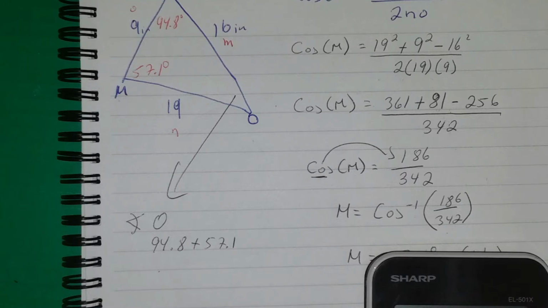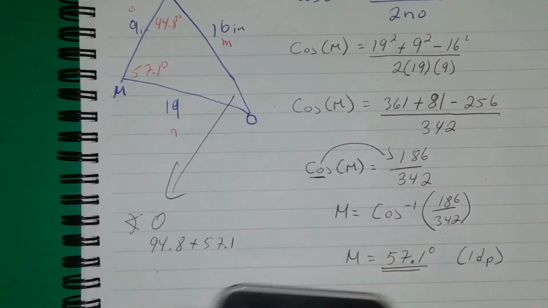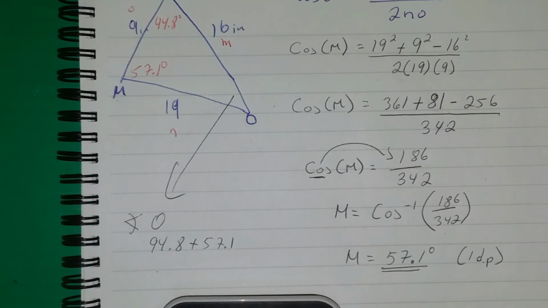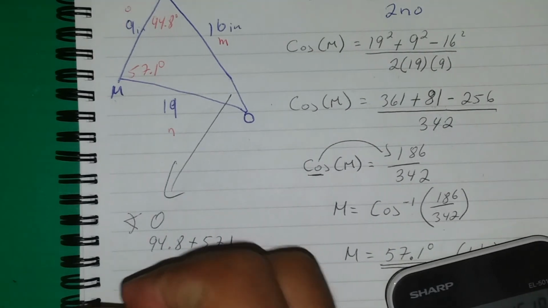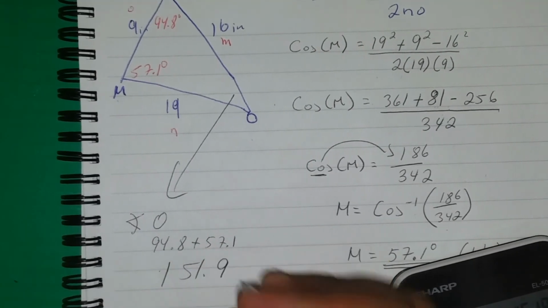The sum of all the angles within the triangle equals 180. So let's do that. 94.8 plus 57.1, that gives me 151.9.